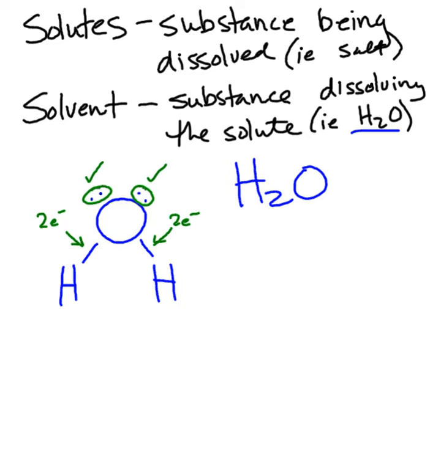But if you take a look at any point in this molecule, the chances are that most of the electrons are going to be here around oxygen, and most of the electrons are going to be away from the hydrogens. So if we were to take a snapshot at any one point, you would probably see that a majority of the electrons are on the oxygen.